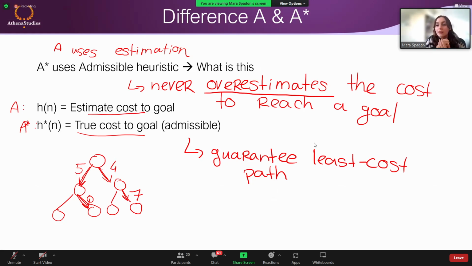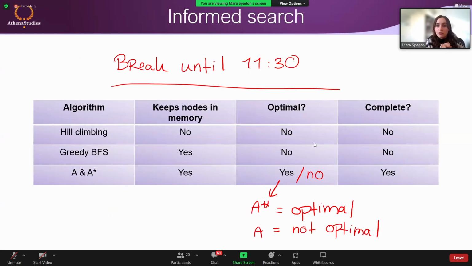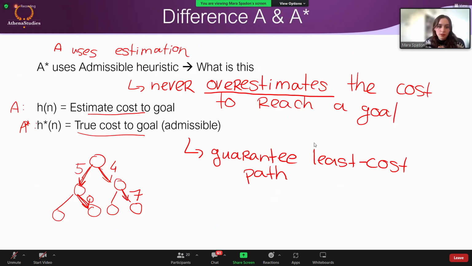So maybe not in this exact example, but A could have the characteristic that it could not be optimal. Yeah, so this one is quite an important slide.